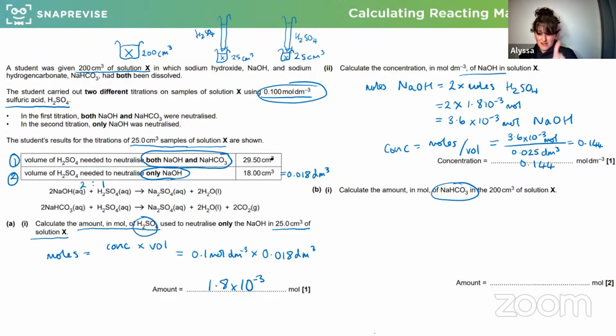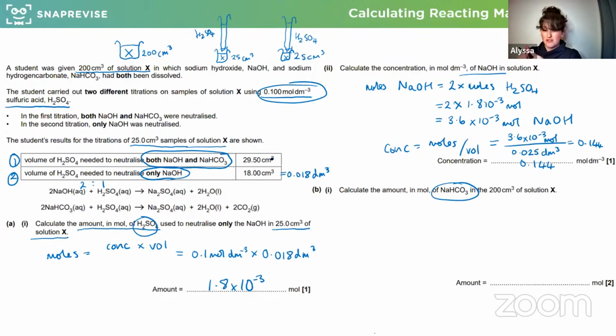Yes, Amara, absolutely right. The volume of sulfuric acid that was needed to neutralize just the sodium hydrogen carbonate must be the difference between the two.